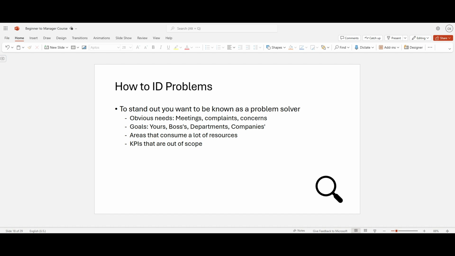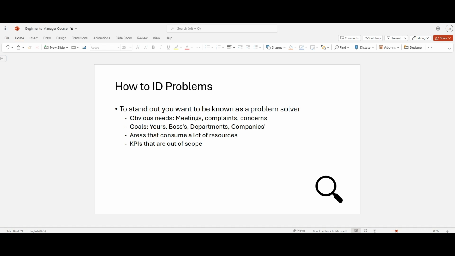After that, areas that consume a lot of resources. We talked about that a little bit when we were talking about the Eve method, where you can use the Eve method on your tasks that consume a lot of your time. That's a really good way to start out that method.